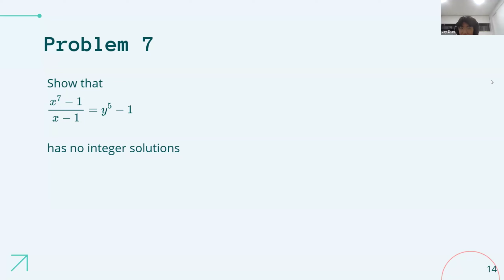That means that if you consider a prime divisor of that side, the order of x with respect to that prime is 7. Wait, hold on. It's kind of hard to explain the hint in words, so I'll just write the hint down.